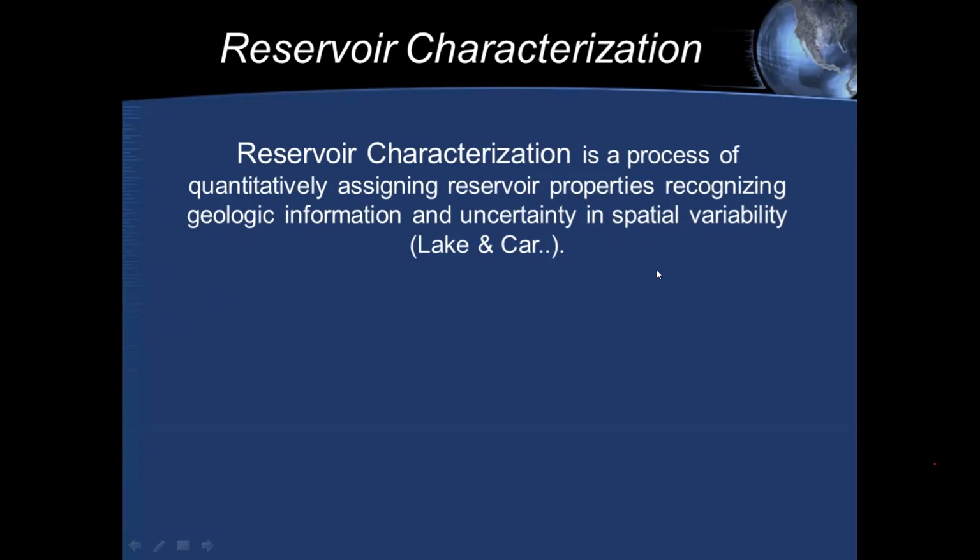Spatial means aerial, meaning the property related to the area. So we have a porosity value at one well, and we have to see what the porosity value is at the other well, the nearest well, or a far well, or the porosity variation happening from one well to another well. So we have to look at all these changes aerially, which is called spatial variability, spatial data.